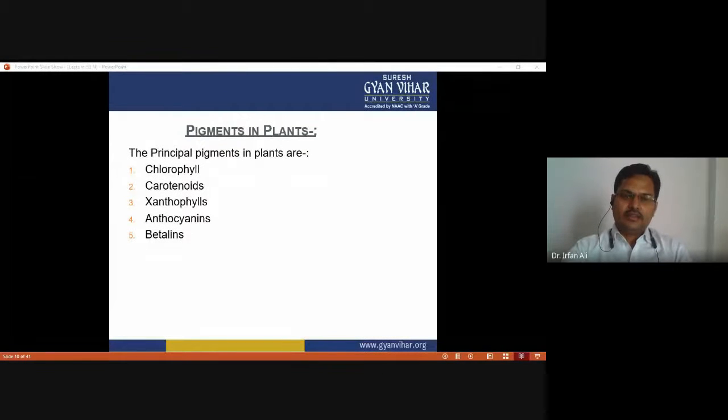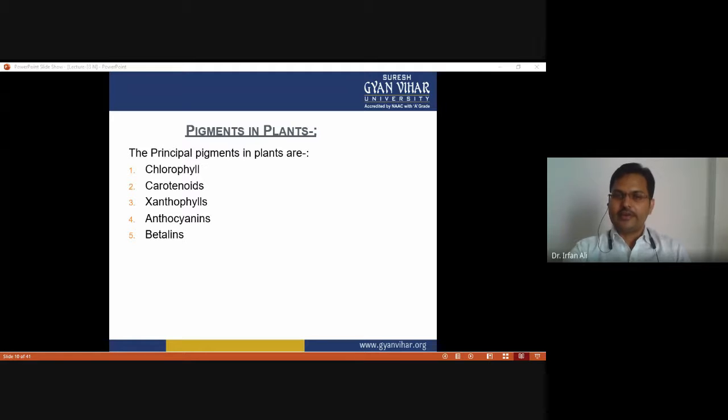Now, the pigments found in plants. The principal pigments found in plants include chlorophyll, chlorophyll A and chlorophyll B, which are required for the photosynthesis process, and carotenoids. Carotenoids provide special color to fruits, like tomato, which contains carotenoids.